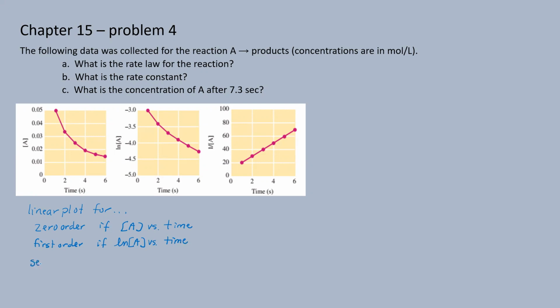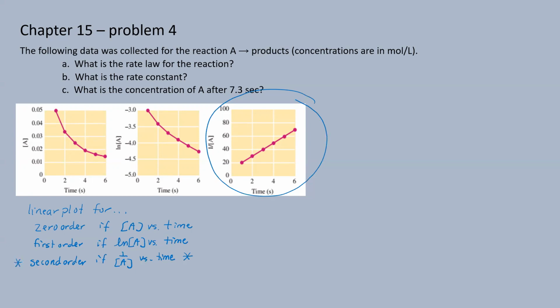And lastly, second order, if it's 1 over concentration versus time. So looking at the three graphs here, we see there's only one linear option, which is plotting 1 over concentration of A versus time.